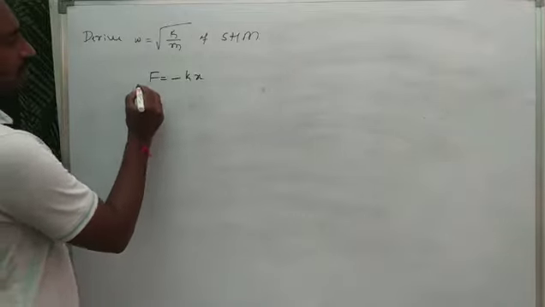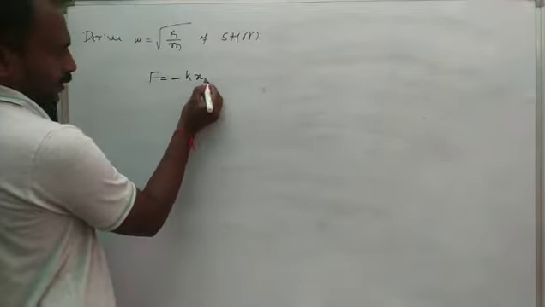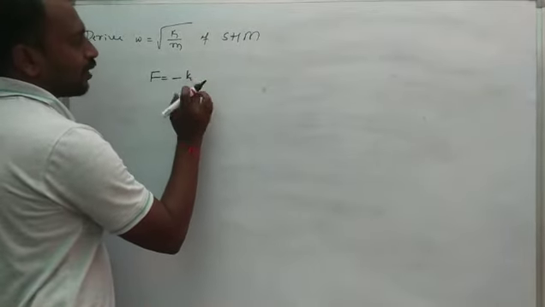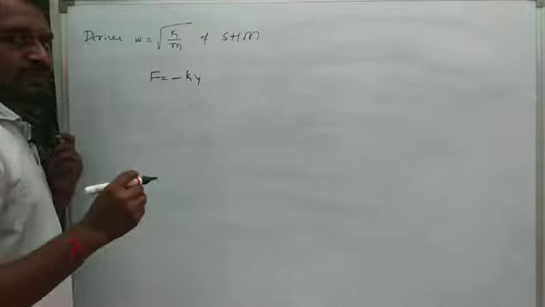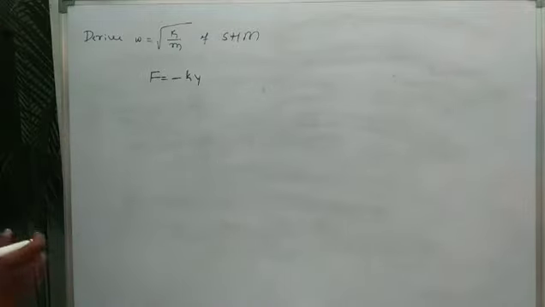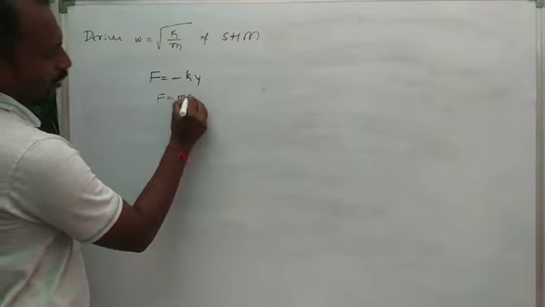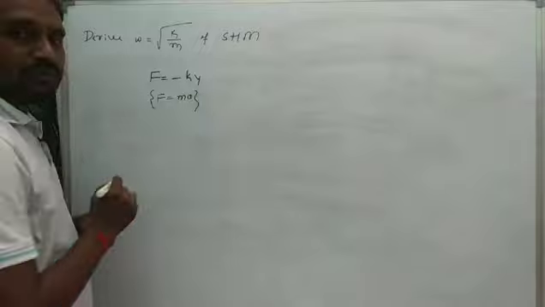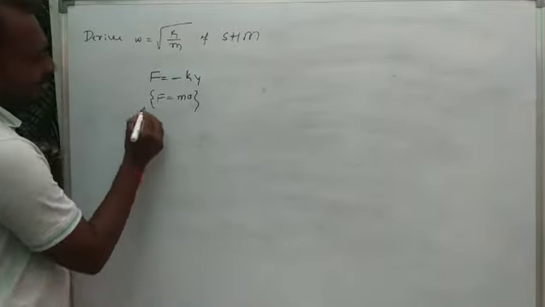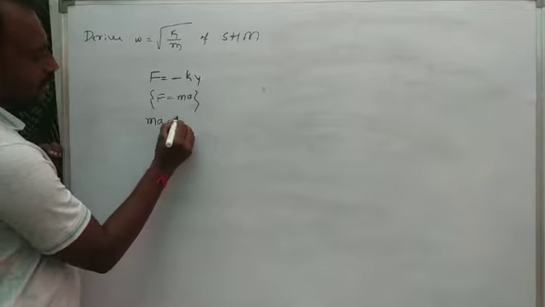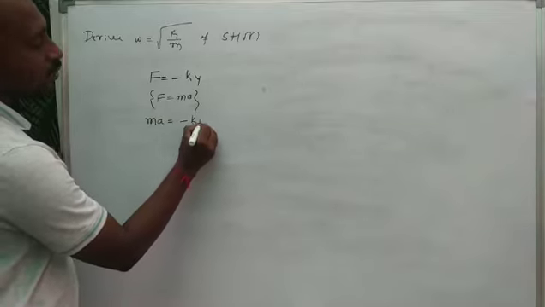So F is equal to minus k into x, or in place of x we take y. Force is nothing but mass into acceleration. So in place of F we write mass into acceleration is equal to minus k into y.